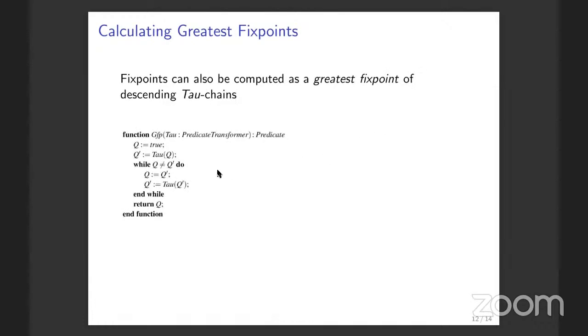Okay, so in this, the cleaning iteration works as follows. You start from true. That is the set. You start from the entire universe of states. And your tau will be defined such that every time you apply it, some subset of states will be removed.